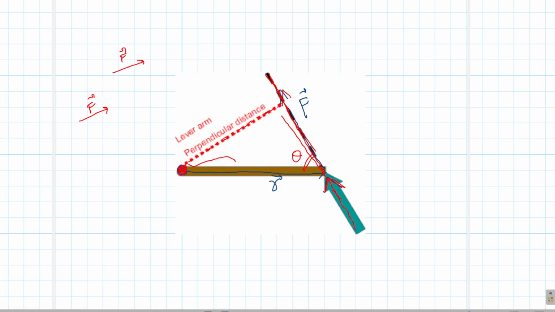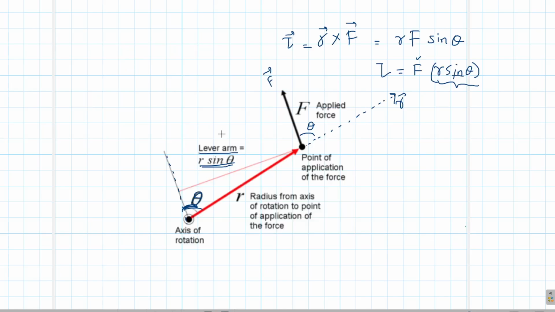And that perpendicular distance is R sine theta, which is also called the lever arm or the moment arm of this rotational motion when torque is applied. So simply put, the lever arm is the perpendicular distance from the axis of rotation to the line through which the force is acting, the line of action of the force.